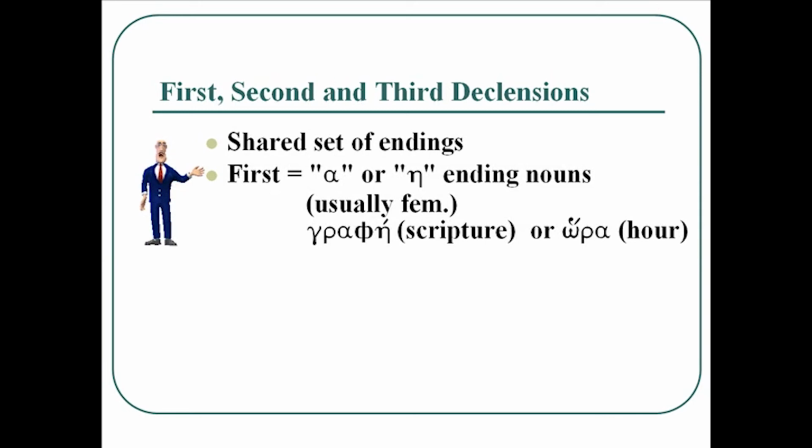Usually these nouns are feminine, not always. So words like graphe, see how the eta ends the noun, or hora with the alpha on the end, those are first declension nouns. We'll study those in the next chapter.